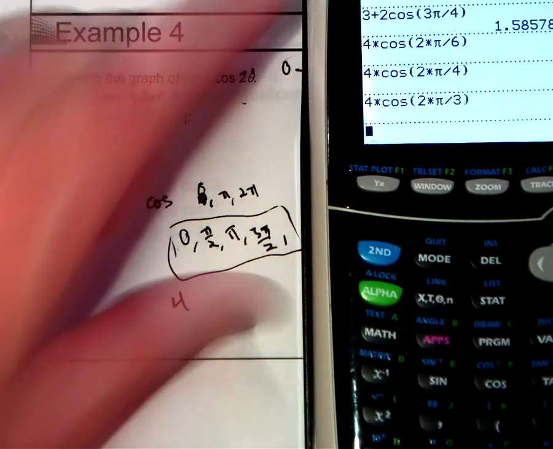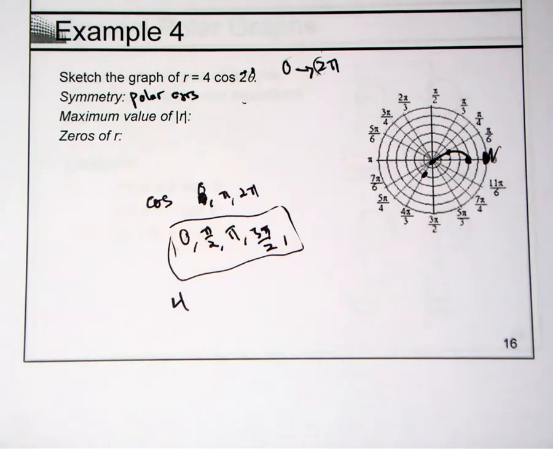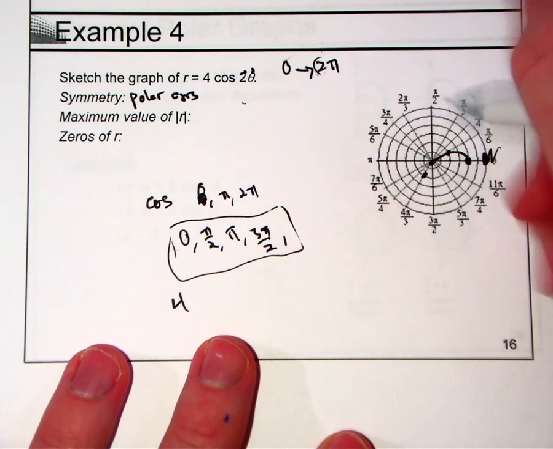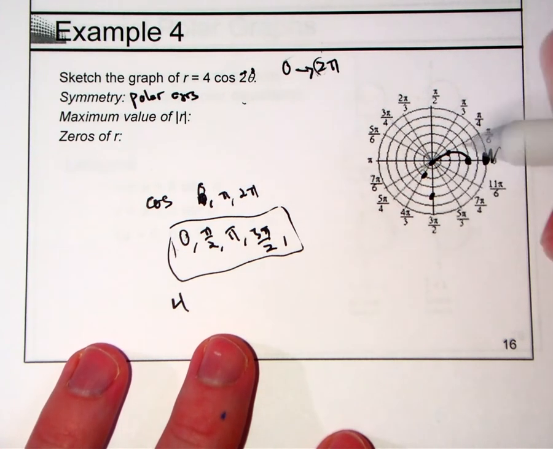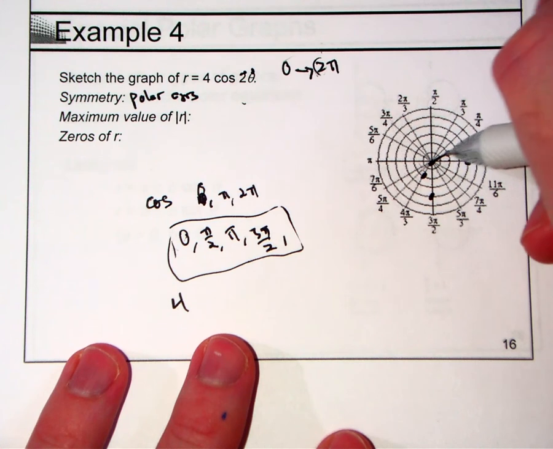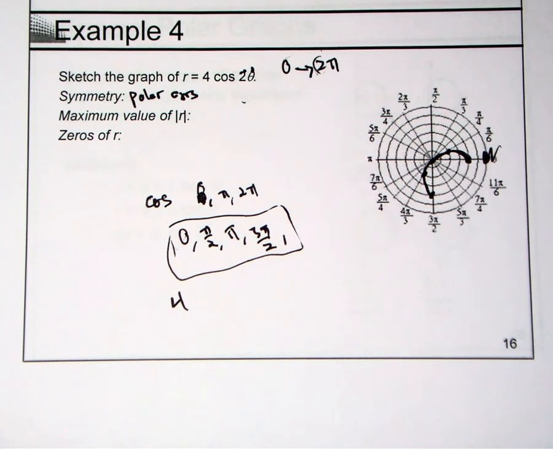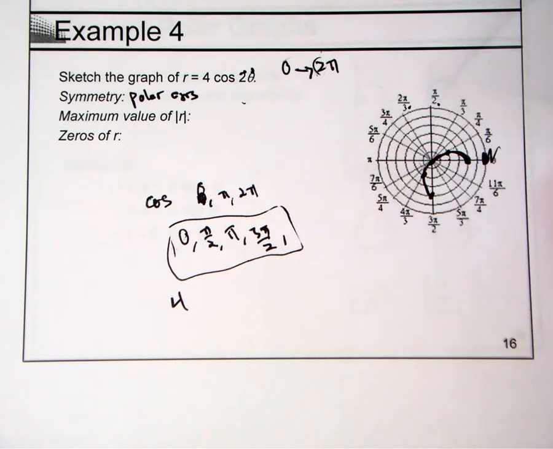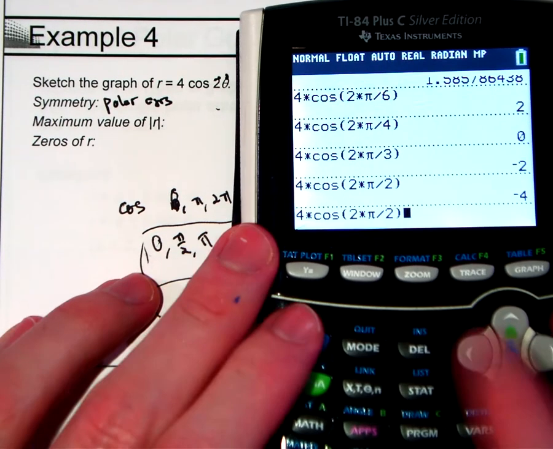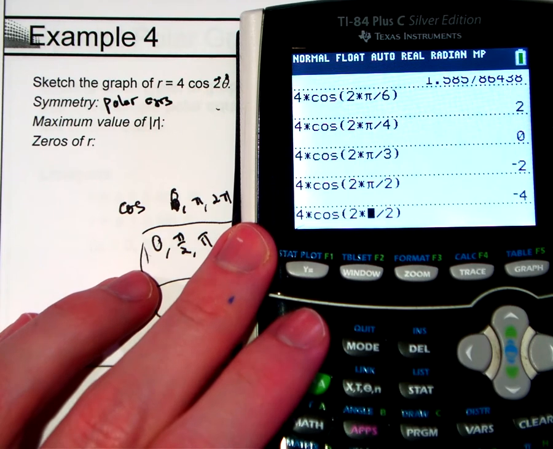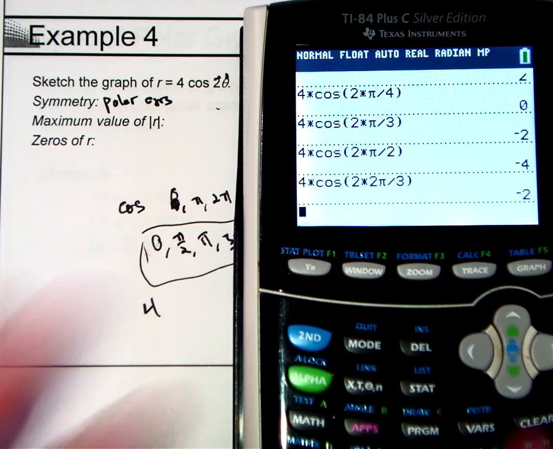And then if I put in pi over 2, we're at negative 4. So pi over 2, we're at negative 4, which is the same thing as this way. 2, 3, 4. So we've started here, we've come around, and now we're down to here. Alright, put in 2 pi over 3. We'll do a couple of these. 2 times 2 pi divided by 3.